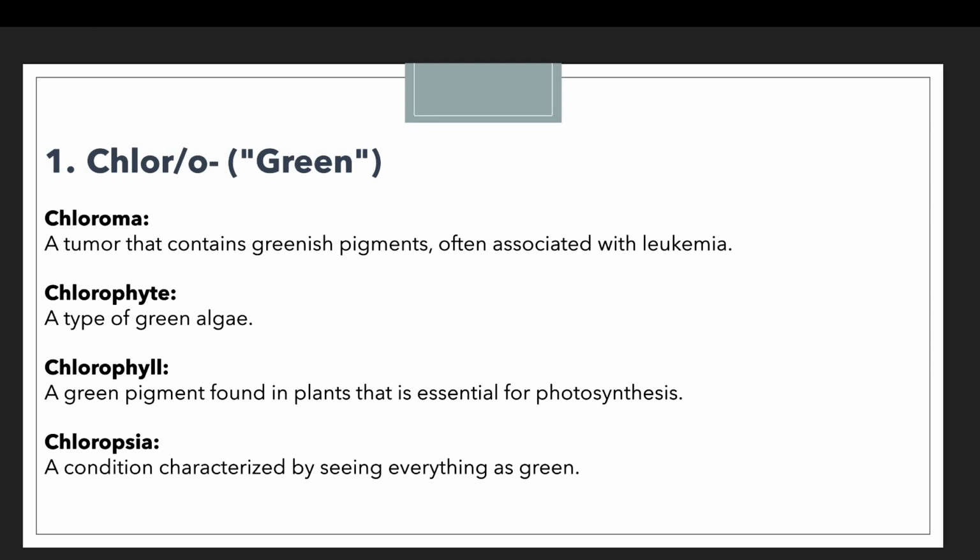First example is chloroma. Now what is chloroma? Chloroma is a tumor that contains greenish pigment, often associated with leukemia.